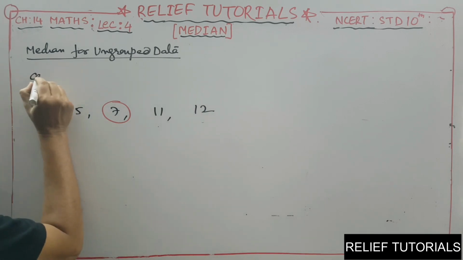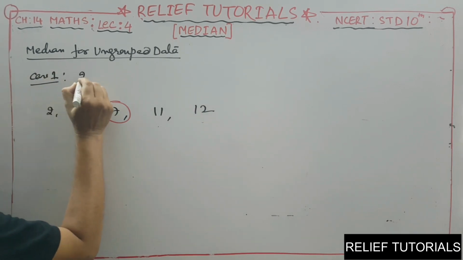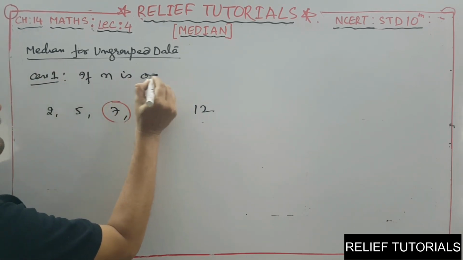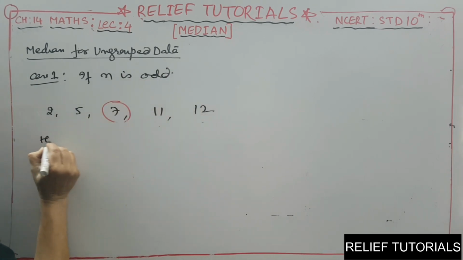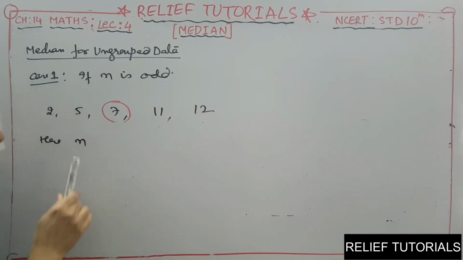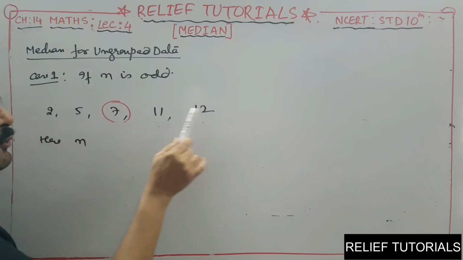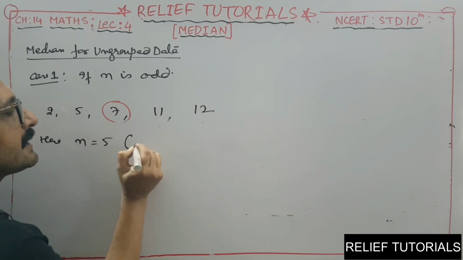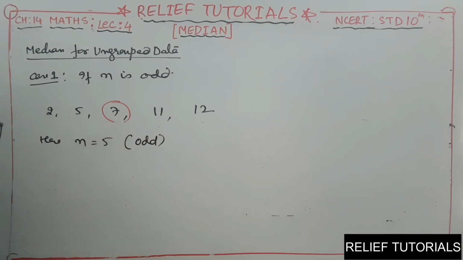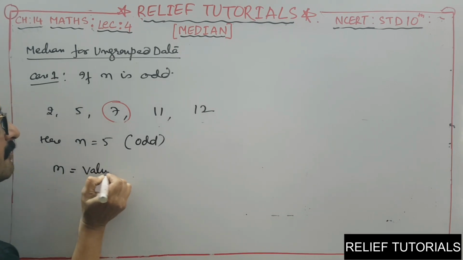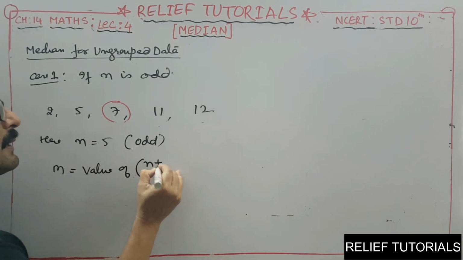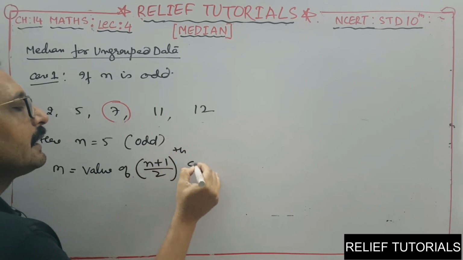See, case 1: if n is odd. Here n means the number of observations. The number of observations is 1, 2, 3, 4, 5, so n is equal to 5, and this is odd. If you want to find the median, we know that it is the third observation. But mathematically, how are you able to find it? The median is the value of the (n plus 1) upon 2nd observation.